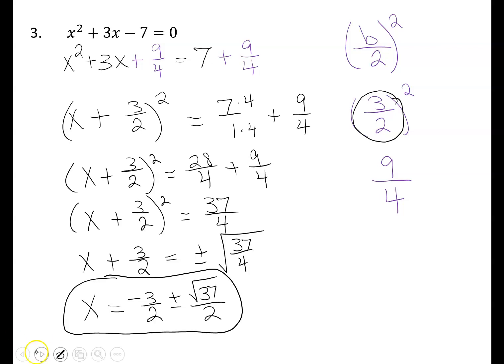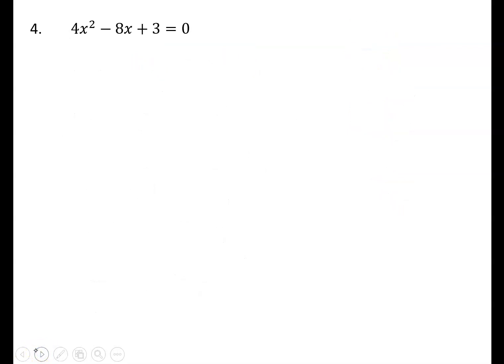But for now, we're just concentrating on this method. On the test, there will be several problems where it tells you specifically which method to use, and you will have to use that method to get credit for the problem.